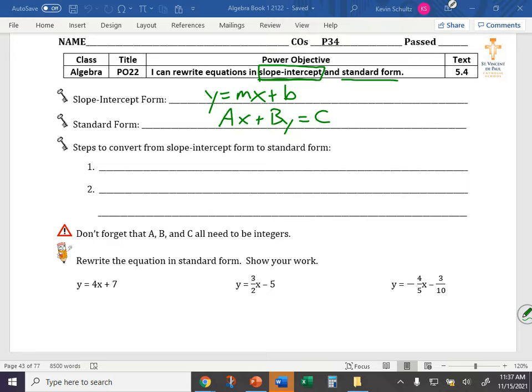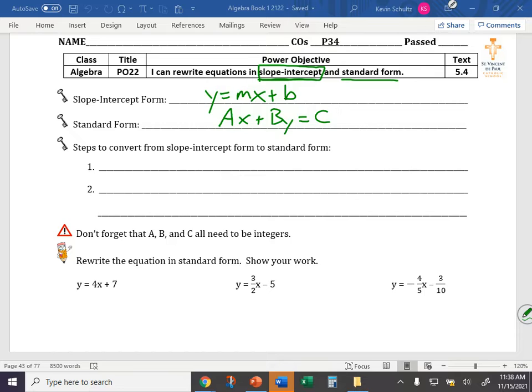For example, you don't write this down, but if we had an equation y equals whatever slope and a b value of 2, it doesn't mean that in standard form it would be 2y, because that capital B would be there. The reason why one's lowercase and one's capital is because they're different, right? So don't fall in that trap of thinking those b values are going to be the same, okay?